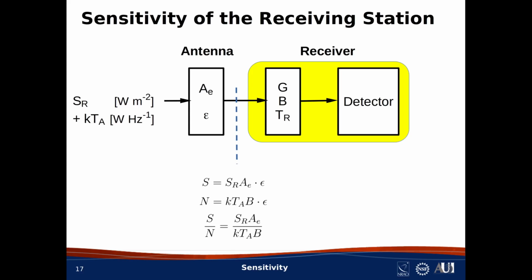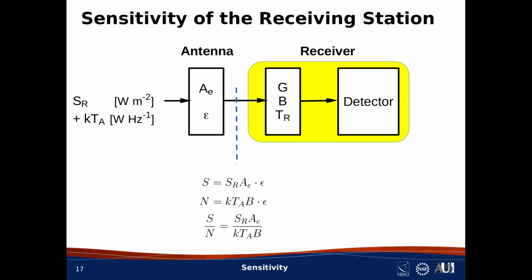The noise power is just K times T sub A times B. Now, we haven't actually band limited the noise through the receiver yet. We're just anticipating that this is going to happen later. There's no harm in computing the noise power N now by anticipating the band limiting by B later. And again, this power is multiplied by epsilon since it all passes through the antenna.